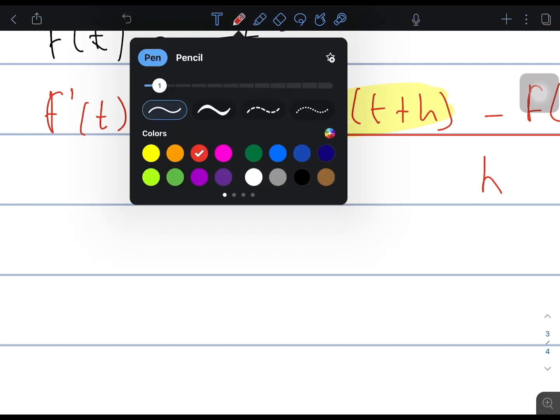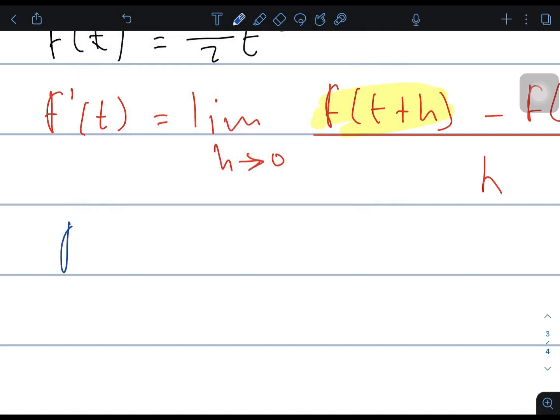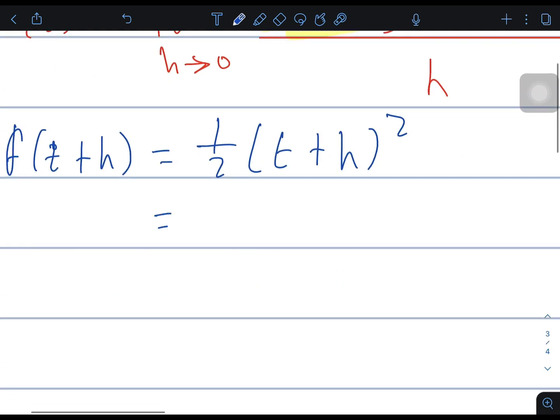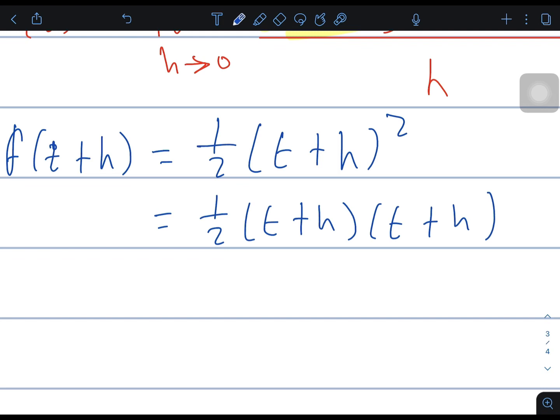So let me use the blue color. F of t plus h is going to be 1 over 2, where there is t we put t plus h. Then we go squared. That means it's going to be 1 over 2 times t plus h, then t plus h.